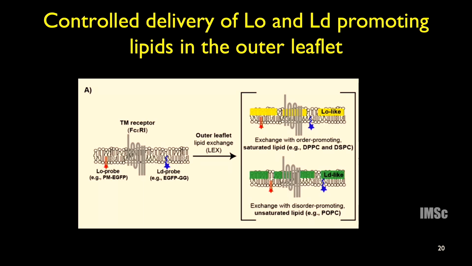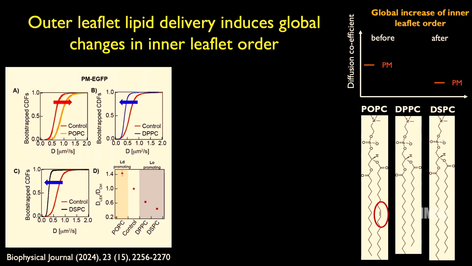What we did here, we came up with an idea of exchanging the outer leaflet with some lipids of our choice, and this lipid can be a saturated lipid like DPPC or DSPC, or an unsaturated lipid. Once we do that exclusively on the outer leaflet, we see changes happening in the inner leaflet, and this is how the changes are made.